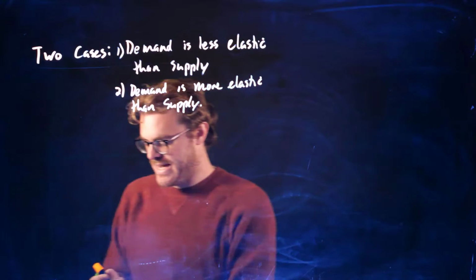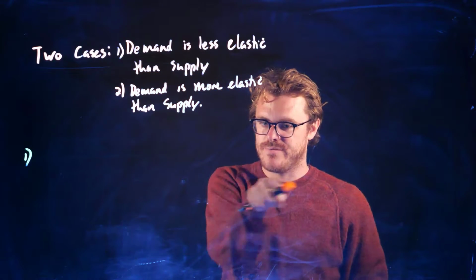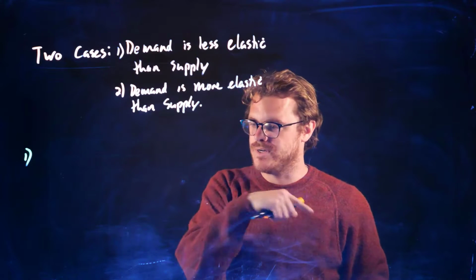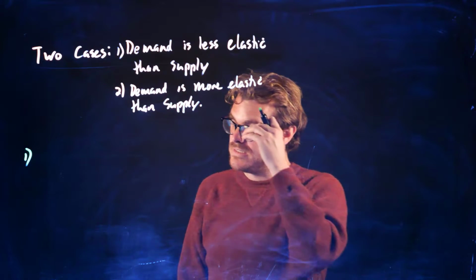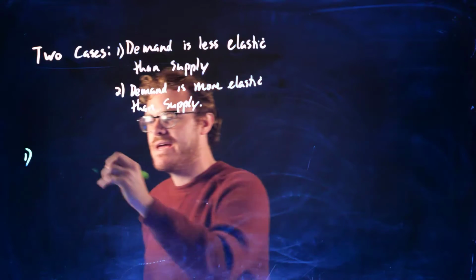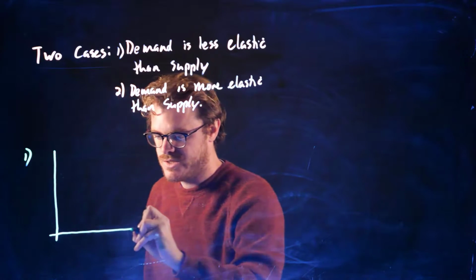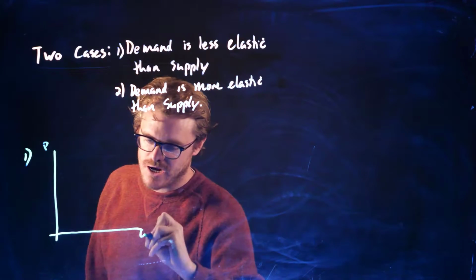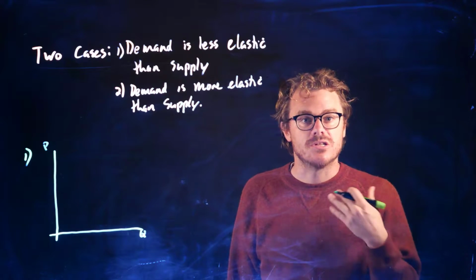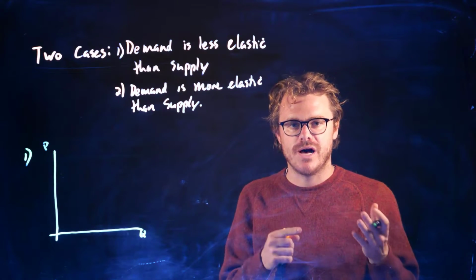So let's look at case one just down here, and then if we have room, we'll do case two here, or we'll wipe the board and do it on a new clean board. All right, so case one. We know that elasticity is not quite the slope of the line, but relative elasticities are about the slope of the line.